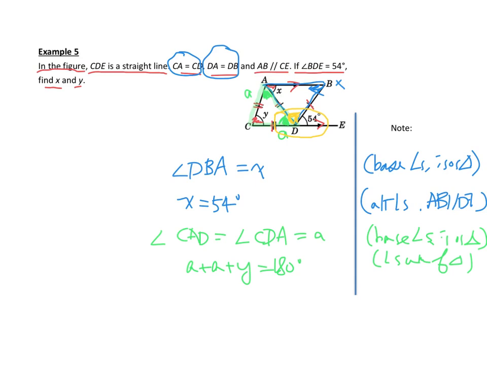So we can also write that a plus the yellow angle, that's angle ADB, plus the 54 degrees will be equal to 180 degrees. That is the angles on a straight line.